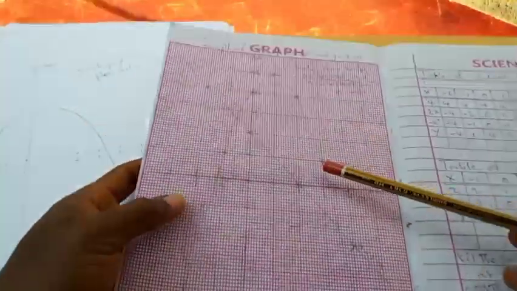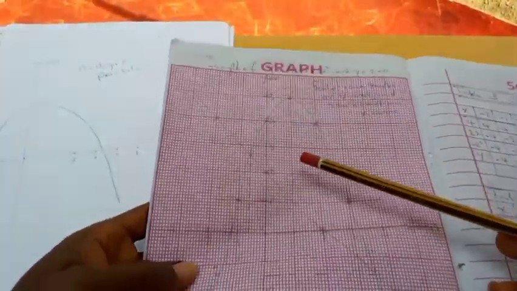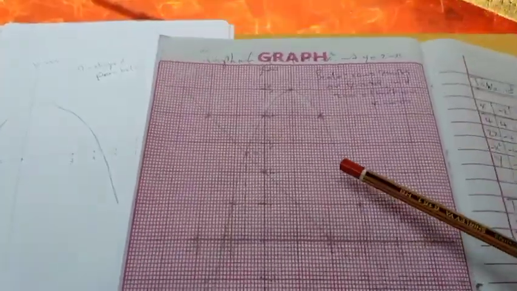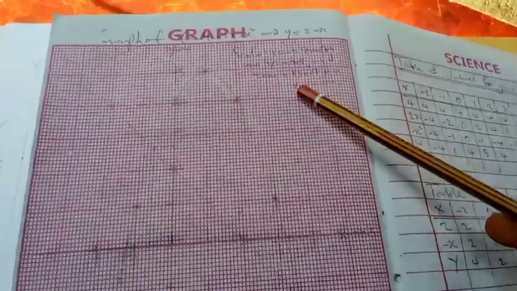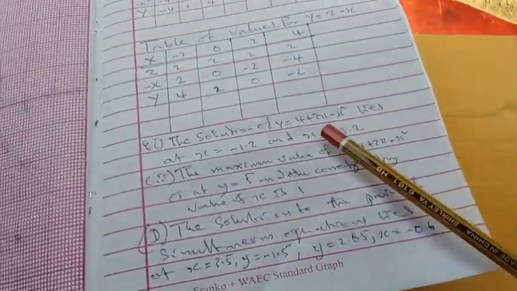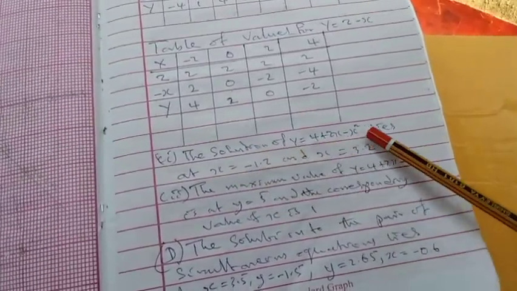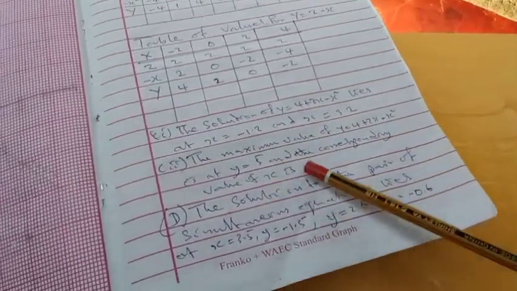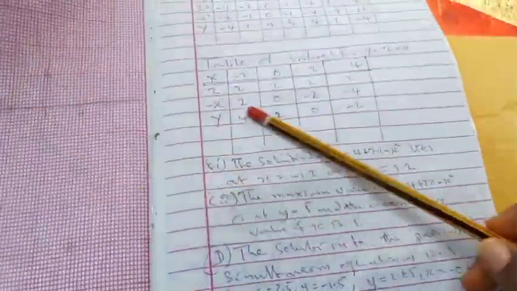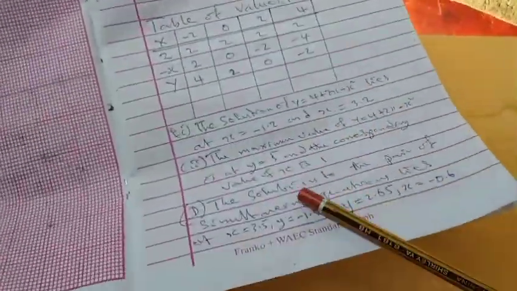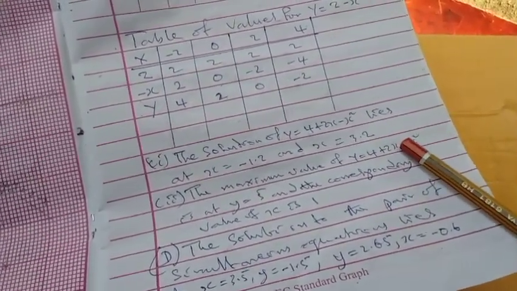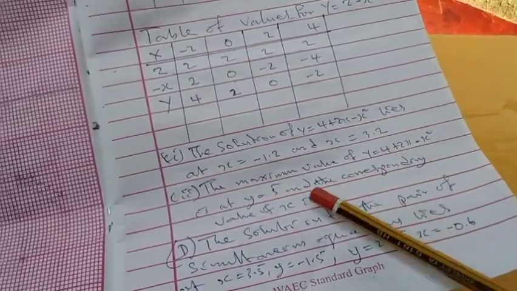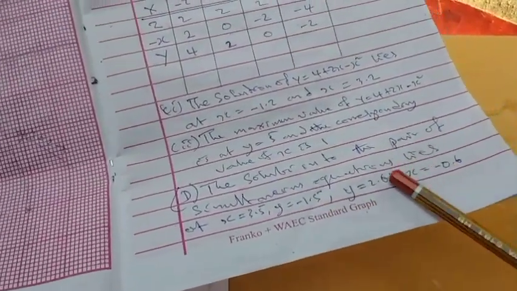We were able to use it to draw the graph according to the scale given to us. Then we used it to answer some of these sub questions, like the solution of this, where it lies, the maximum value of this quadratic problem, and the corresponding value of x. We did all that in the last class.